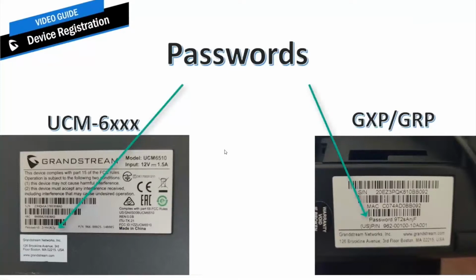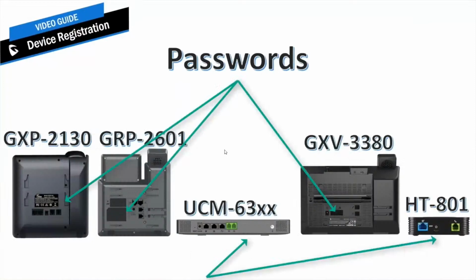And then here's for the GXP and GRP series. You can also see the password. All the passwords are located on these devices. It's at the back of the device for the GXP, GRP, and then at the bottom of the device for the UCM 6300 series and HT801 series.